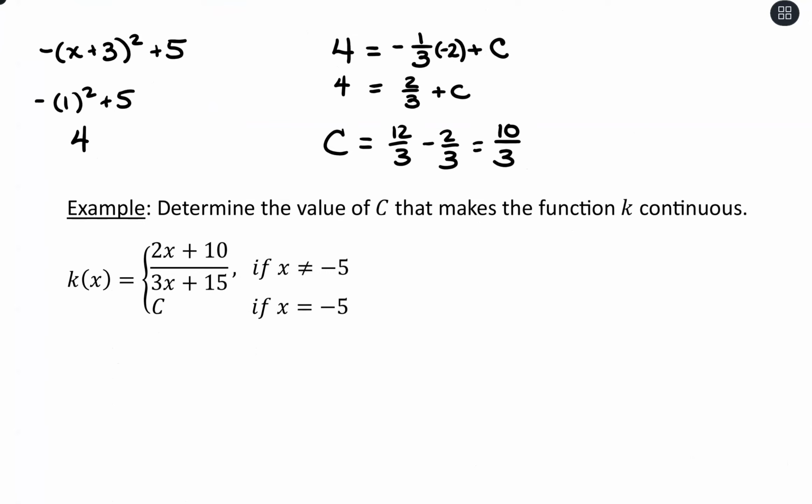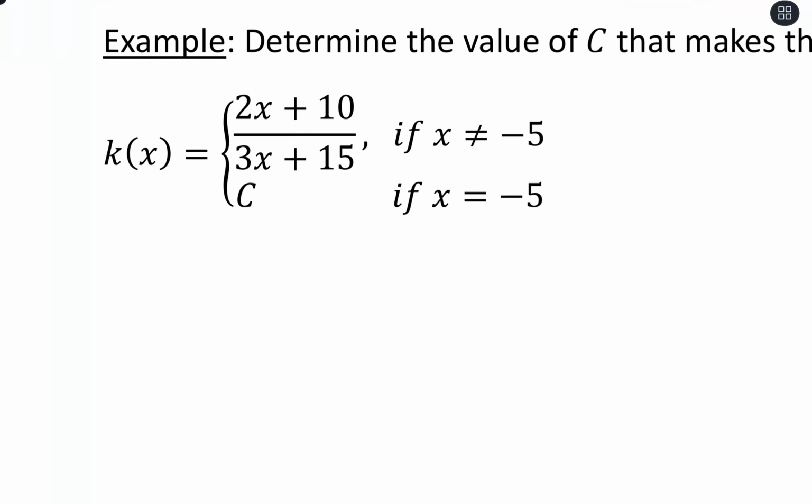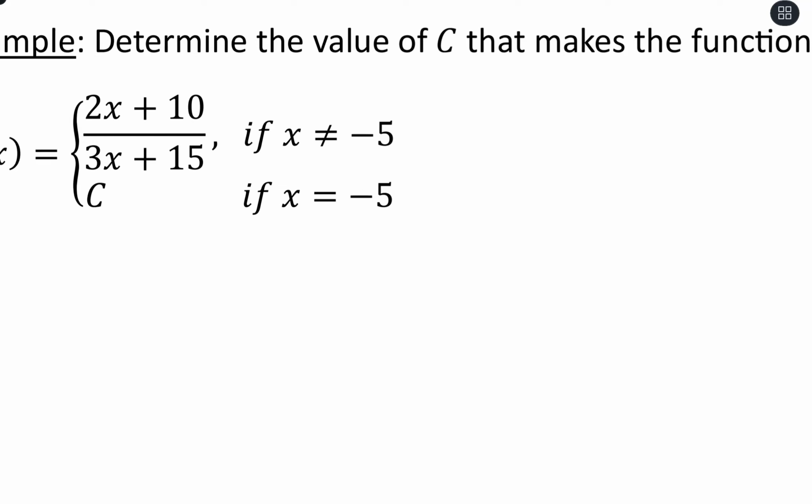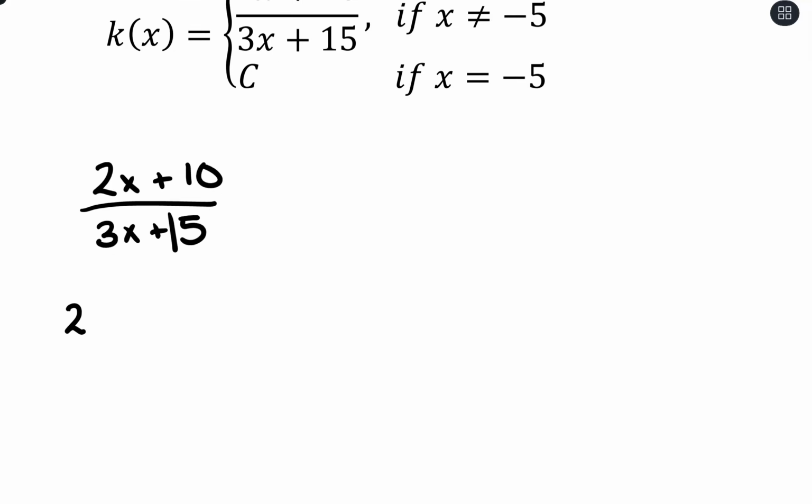Let's do that again. In this case, we're not going to have a graph here, but if we plug in negative 5, our function is going to be undefined. But with this one, we could actually get an idea of where we're landing. Let's take that (2x plus 10) over (3x plus 15), which is 2 times (x plus 5) over 3 times (x plus 5).